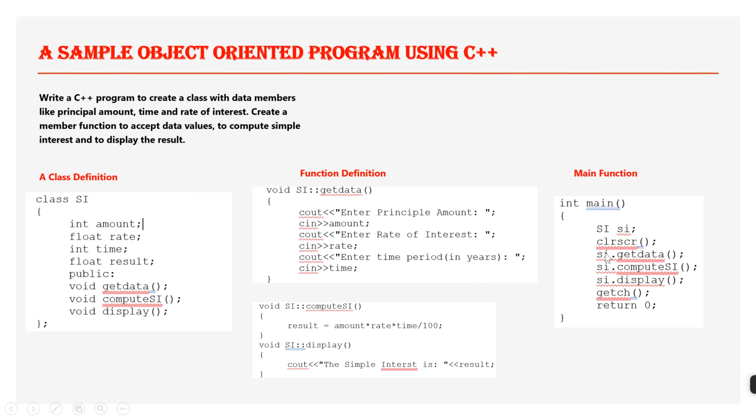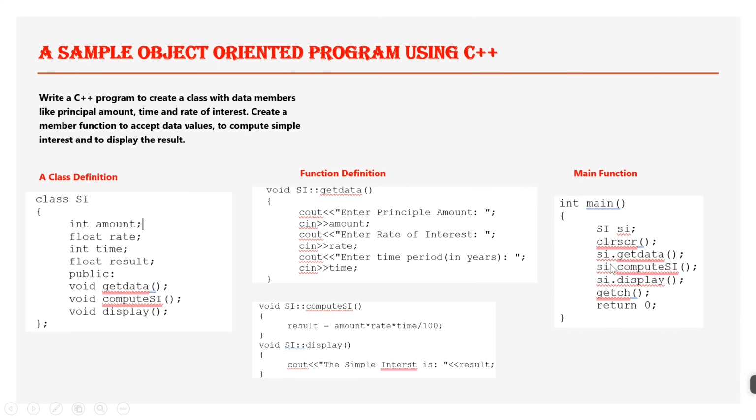Then it asks, what is SI? Then it looks here. Oh, SI is an object of class SI. What is that class? It comes here to get the details of the class. Fine. Then what is that get data? It goes here to get the value of data. So like this, your execution will always be from the main program.